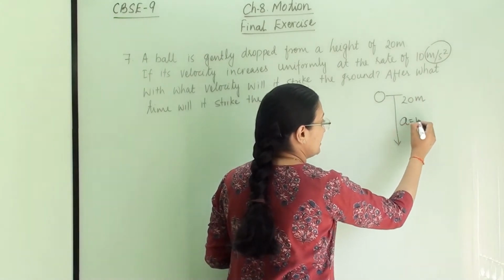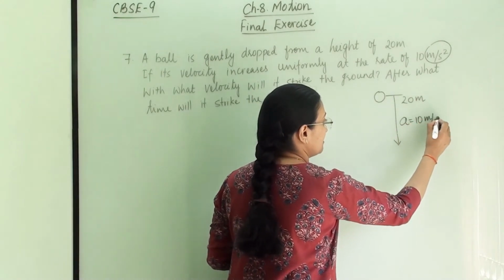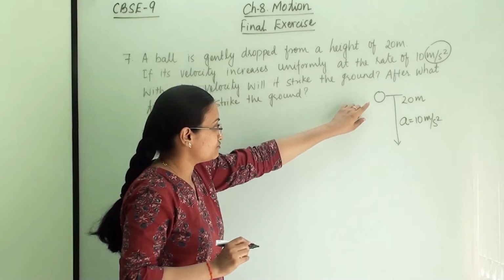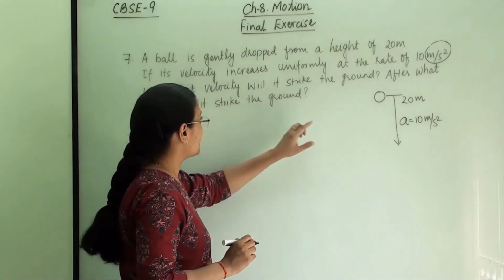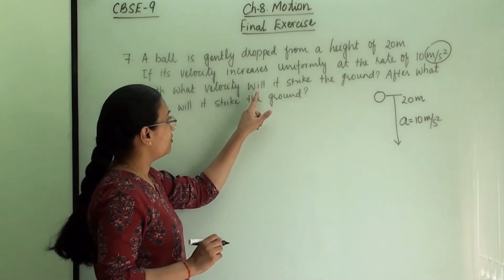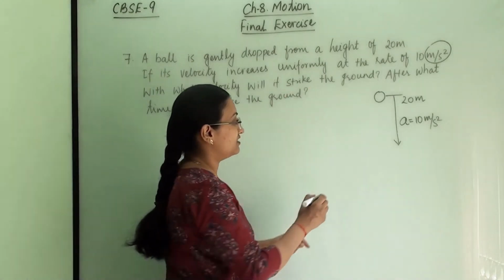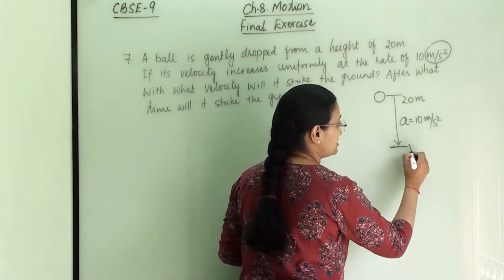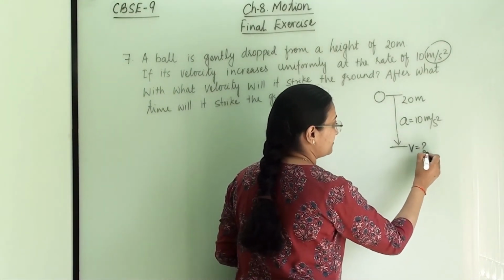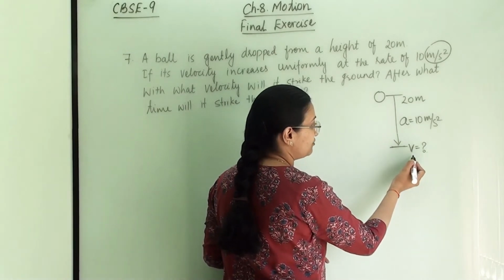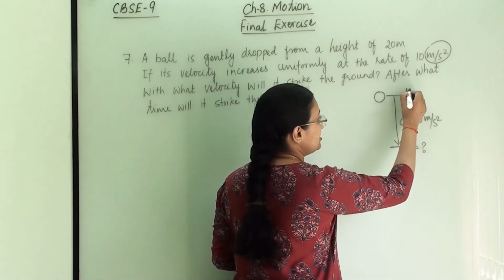So with 10 meter per second square, it is falling down. What they are asking is with which velocity it will strike the ground. So final velocity we have to find out, and initial velocity.